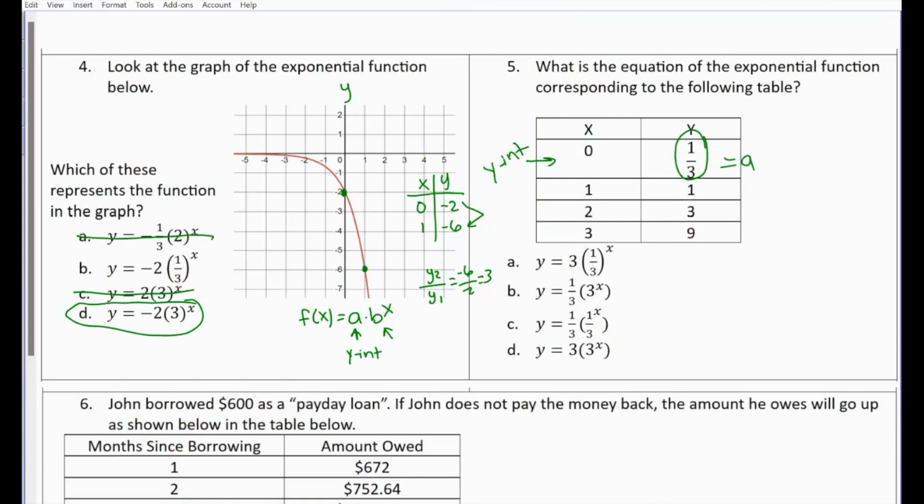We can eliminate A and we can eliminate D. So now we need to figure out how they went from 1 to 3, from 3 to 9. Well, I know they did times 3, because if I go the opposite way, I know 3 divided by 1 is 3. I know 9 divided by 3 is 3, so my common ratio is 3. The only one with the common ratio of 3 is B.